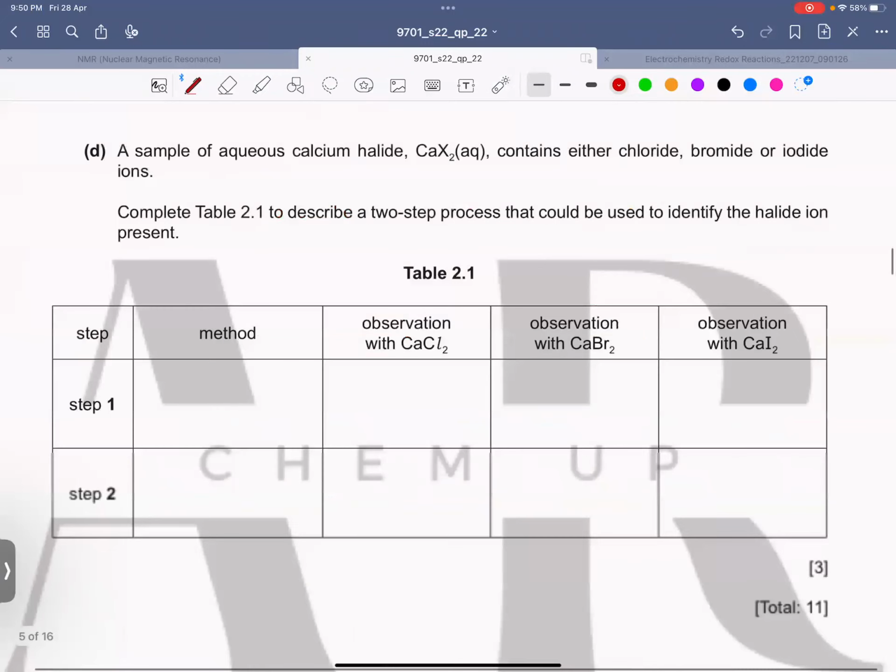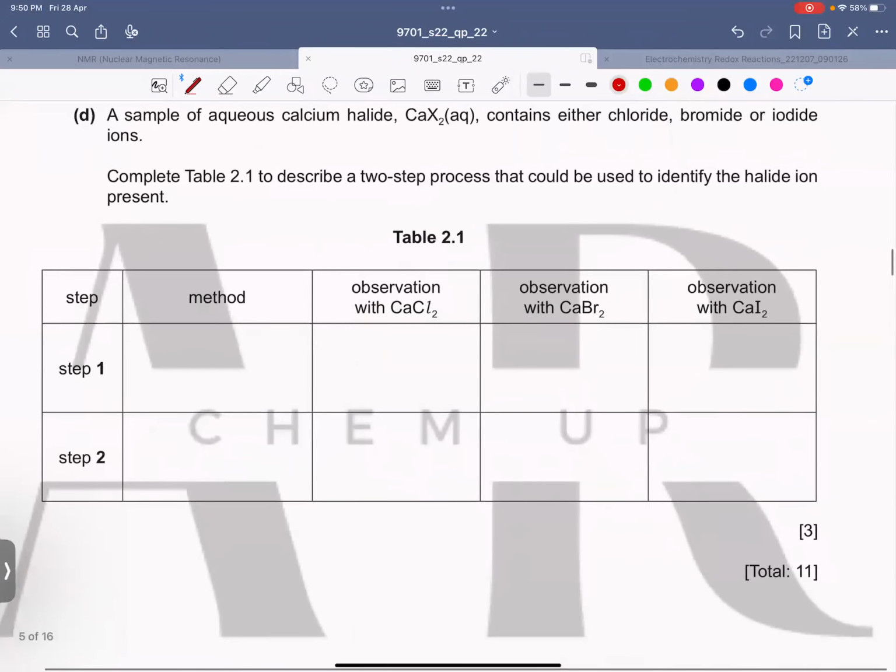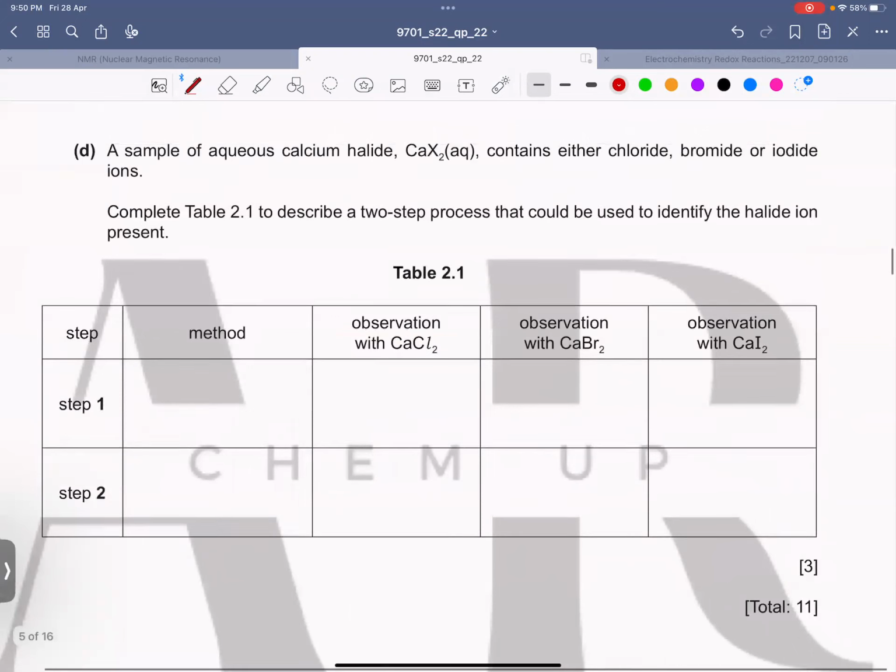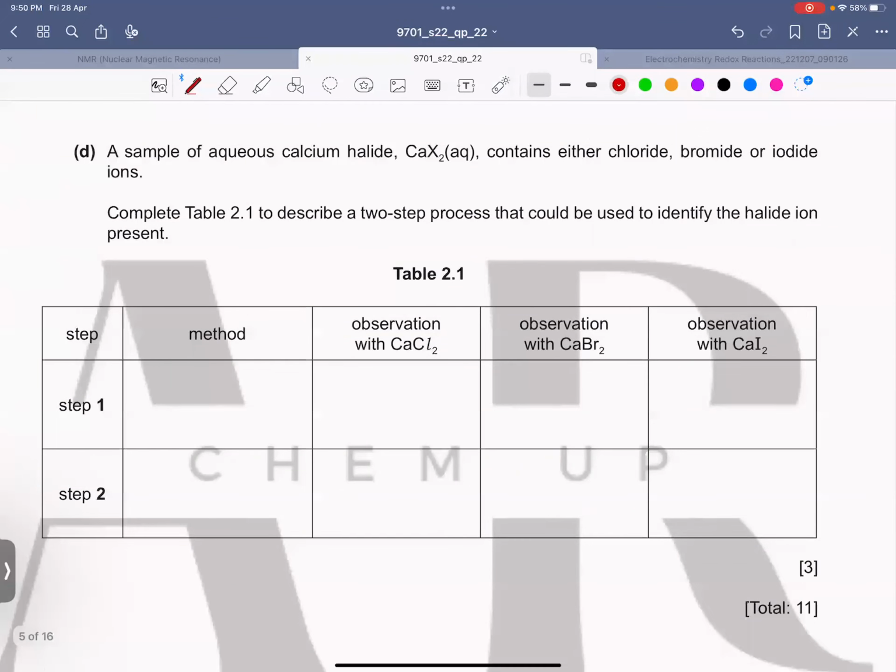Okay, now part D. A sample of aqueous calcium halide, CaX2. So here it can be iodide, bromide, chloride. It contains either chloride, bromide or iodide. Complete table 2.1 to describe two-step processes that could be used to identify the halide ion present.